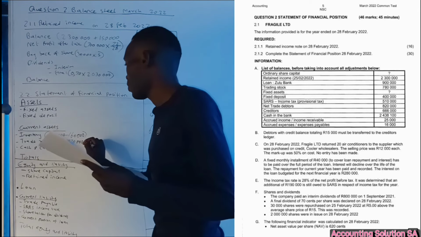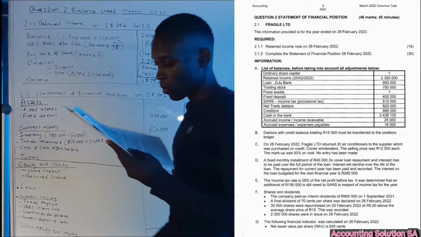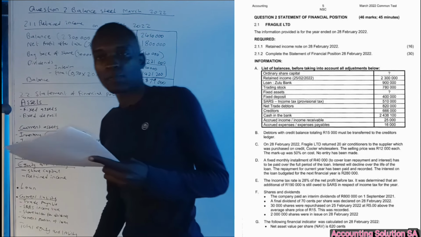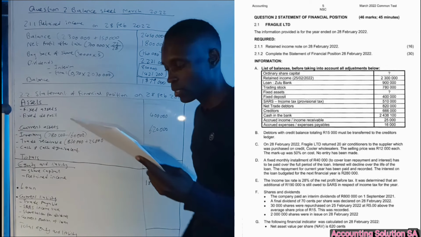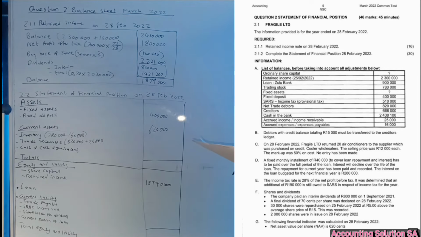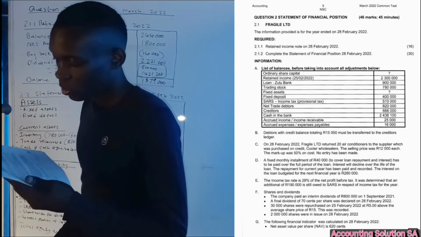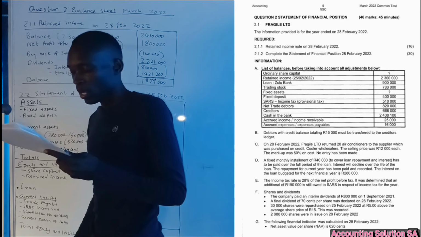It's 25,000, plus 25,000. The other one, expense payable, is an accrued expense. We are owing someone, which means that it's a liability. It's not an asset. Then the other one is going to be transaction number 1: a debtor with a credit balance totaling 25,000 must be transferred to the creditors' ledger.